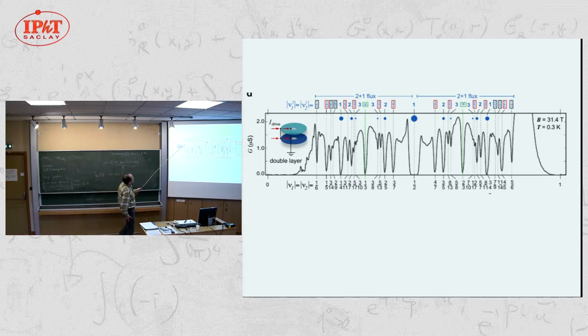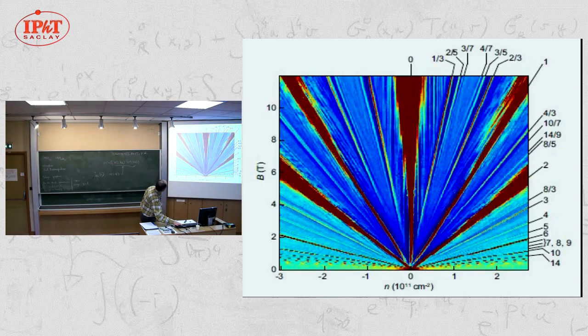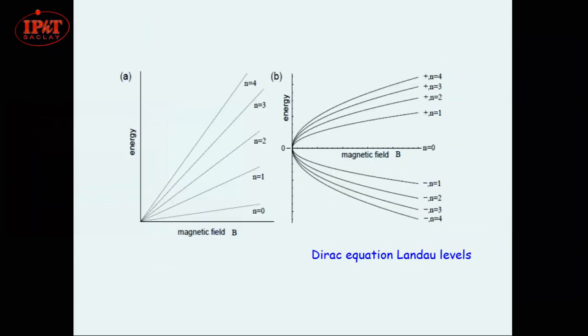So many of the fractions can presumably be explained by the composite fermion construction enlarged in this way. But there are some fractions, as I said, that should be described by this coherence phenomena involving composite fermions. So that's the case of a double layer of graphene. Let me briefly go back to the case of monolayer graphene.